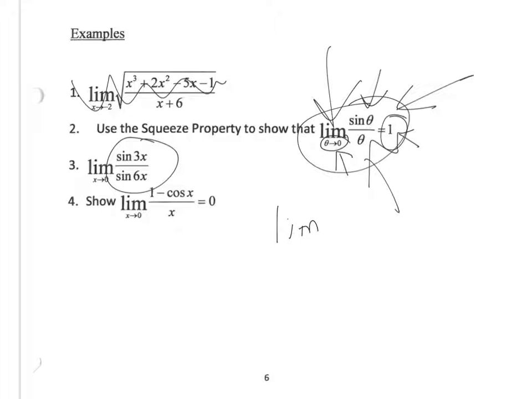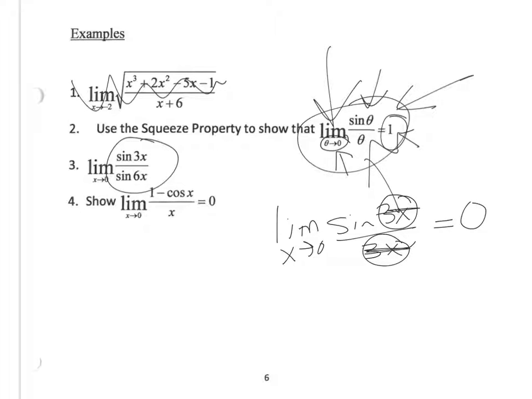Let's do the limit of sine of 3x over 3x as x goes to 0. Do you see that I have sine of something, we'll call it theta, over that same theta? It is not 0, it's 1.